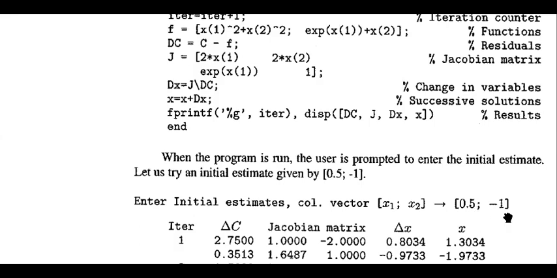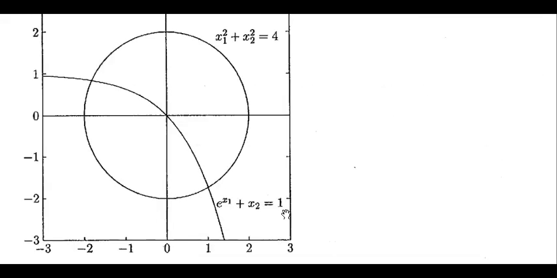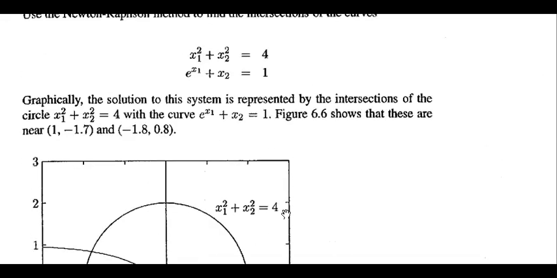This is your x1 now. Earlier x0 was there, 0.5 and -1. Now your x1 is 1.3 and -1.97. Use that value for the del C calculation, which is the equation. Write that equation. This one is the equation, right?